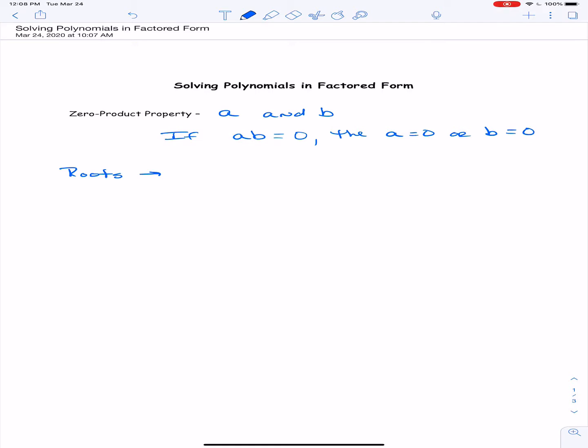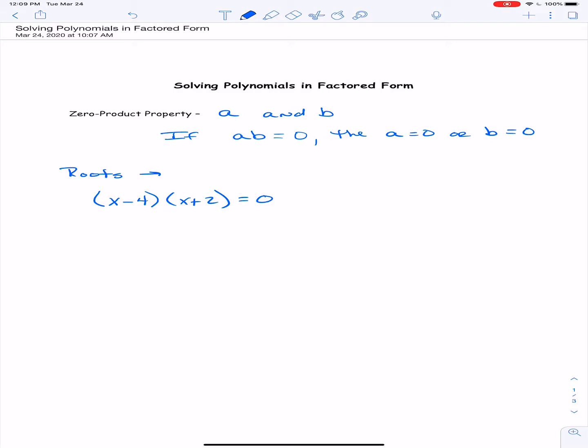And so we're going to use the zero product property to solve polynomials. Our very first one that we're going to talk about today is the polynomial that's been factored into x minus 4 and x plus 2, and that's going to be set equal to 0.